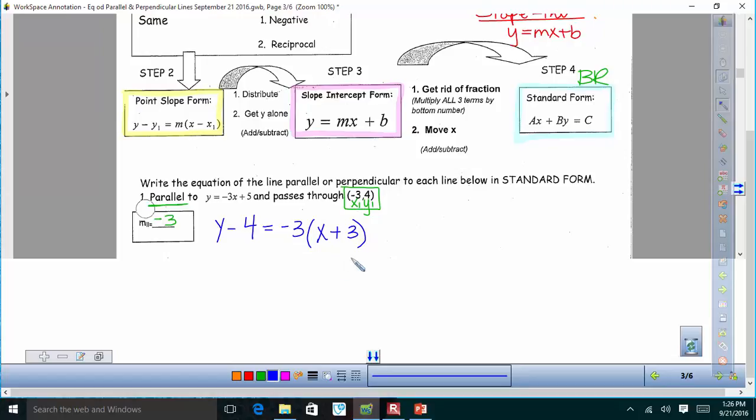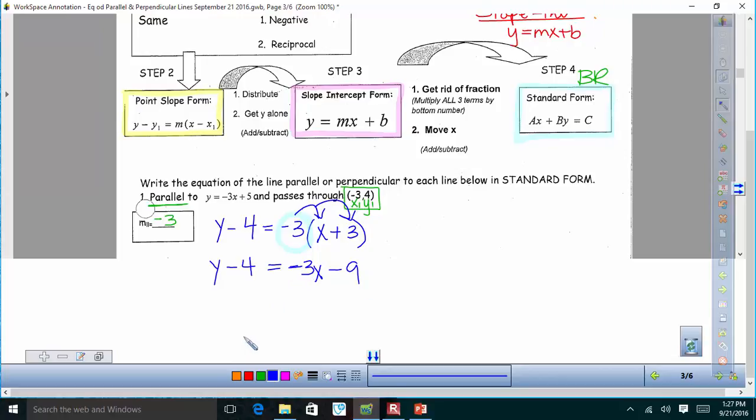So from here, we want to distribute our negative 3 out. So I'm going to write y minus 4, distribute negative 3 times x is negative 3x. And then negative 3 times 3 is a negative 9.